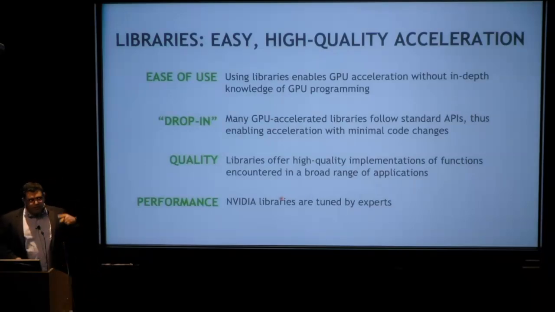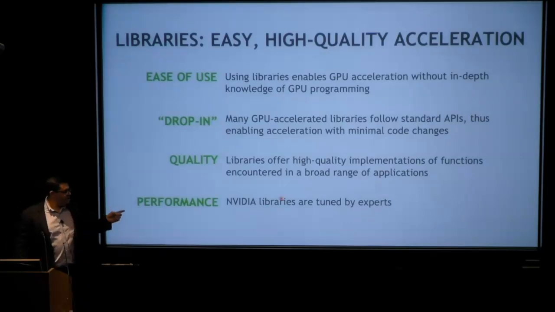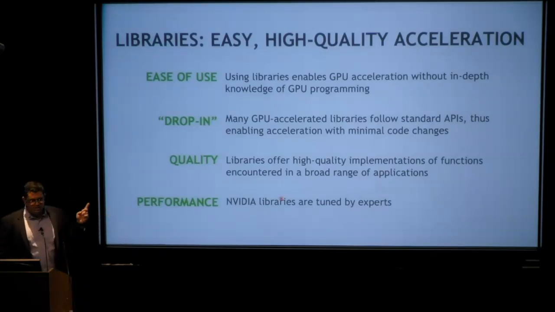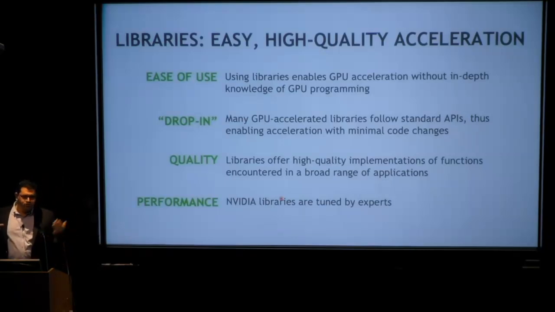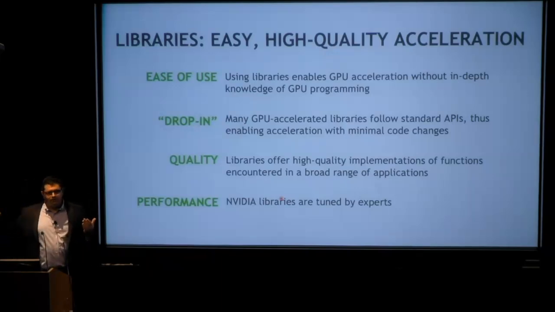The other last thing to say about performance is that one neat thing about NVIDIA GPUs is that as you own a GPU, so if you have an A100 GPU, the library that you're using, cuBLAS, we're picking on cuBLAS today, gets improved over time.